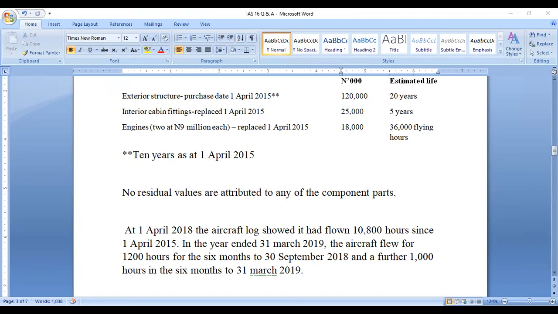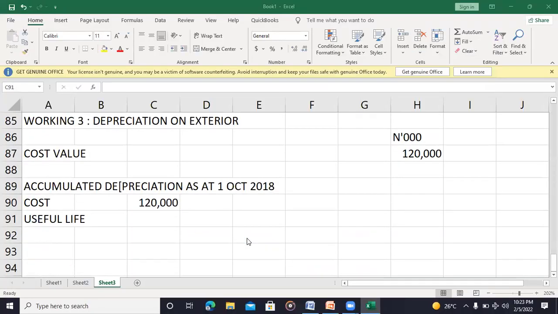Excuse me, madam. Yes, sir. I can't see your worksheet. Okay, useful life is 20 years.